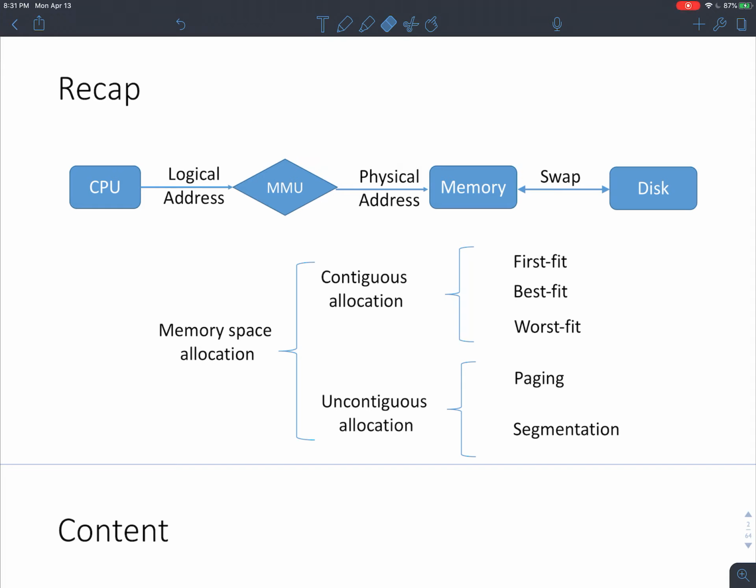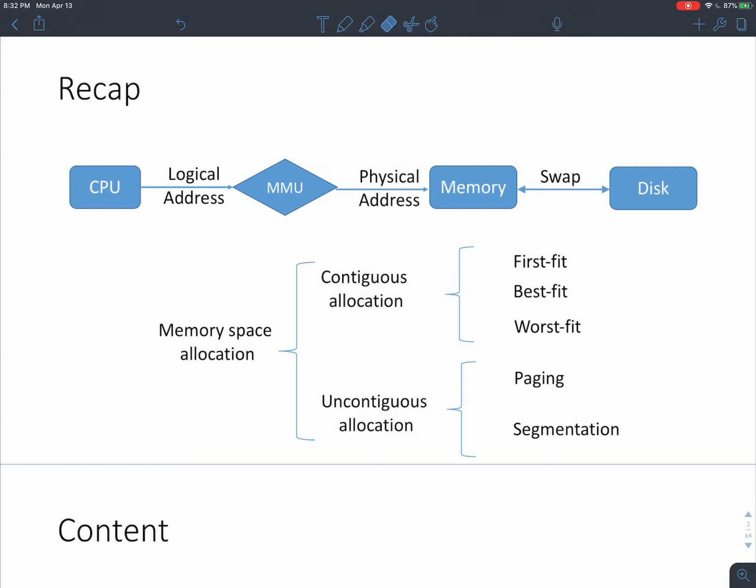And then we learned two different ways of memory space allocation, which are contiguous and uncontiguous allocation. In terms of contiguous allocation, we saw a big problem with that, which is that eventually around 1/3 of the total memory space will be filled with small holes that cannot fit anything.